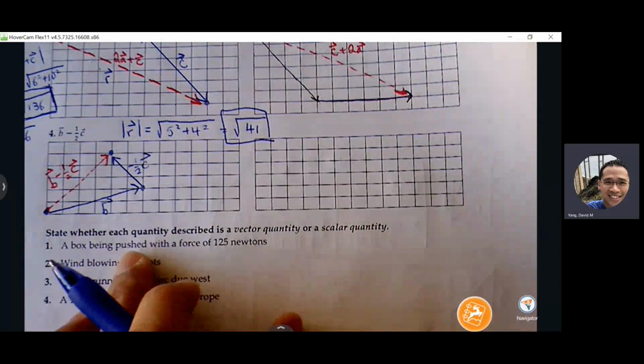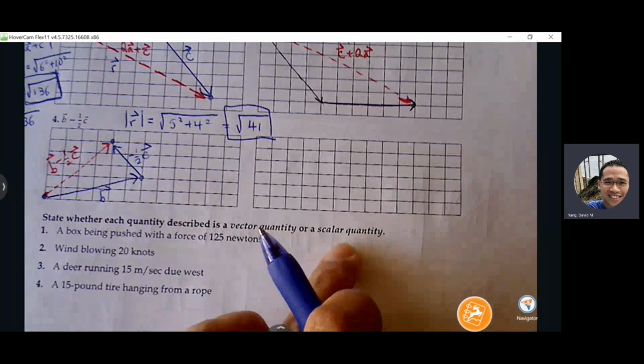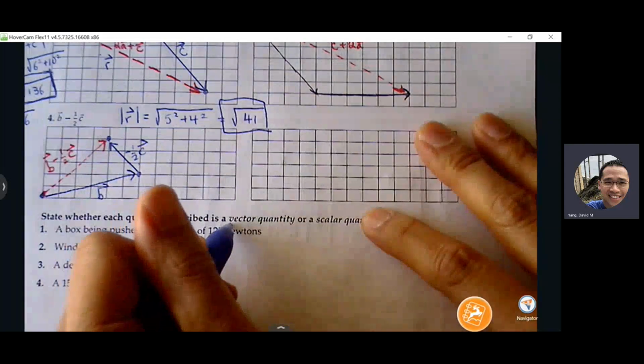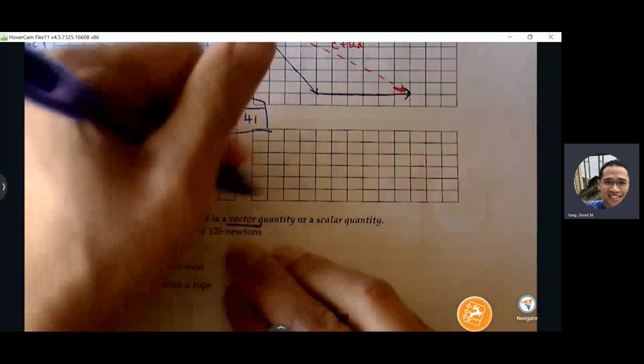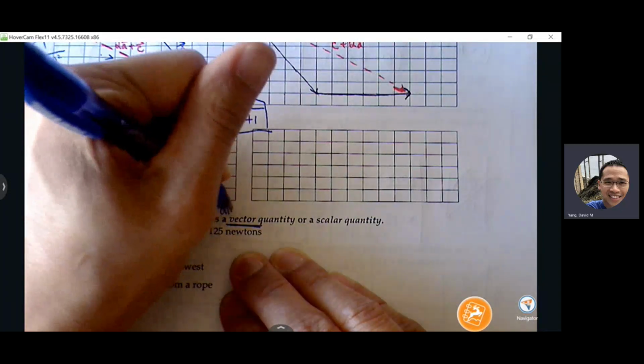Okay, the bottom here, it says state whether each quantity is described as a vector quantity or as a scalar quantity. So a vector quantity has both direction and magnitude.